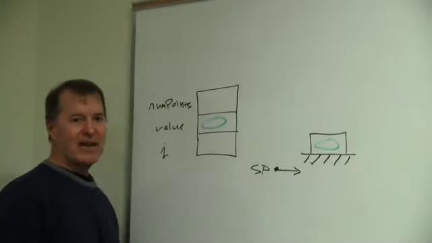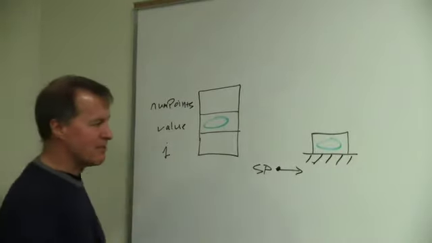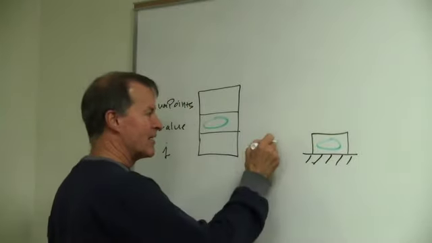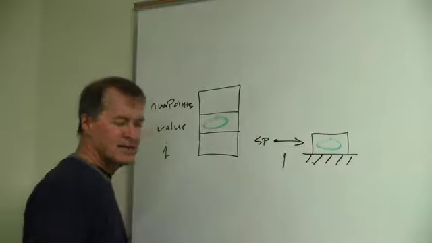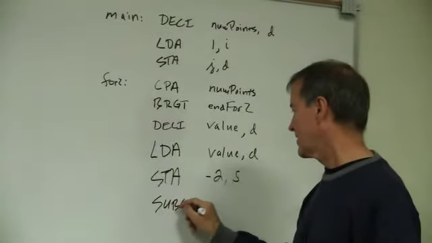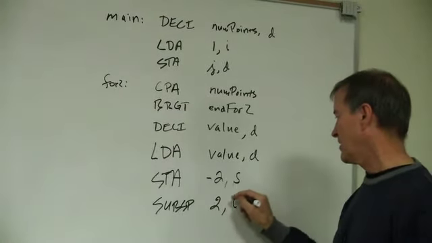But now, how do we take this SP and move it from here up to here? How do we do that? Sub SP. How much? 2. So here we do sub SP 2, immediate.